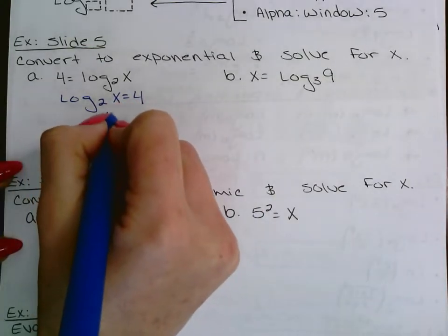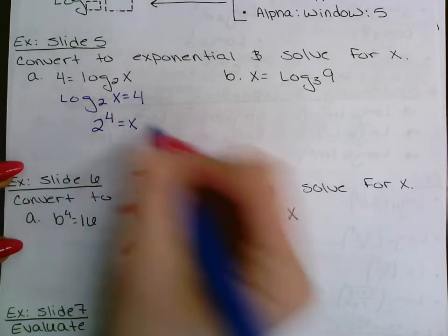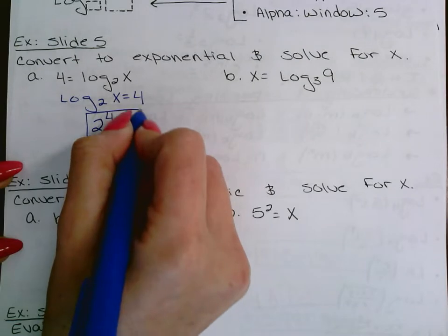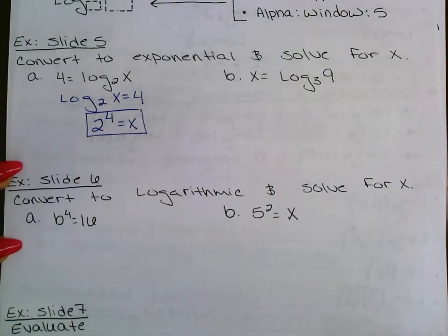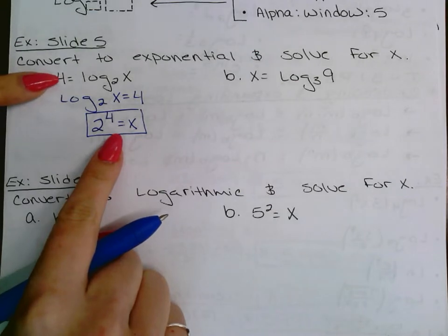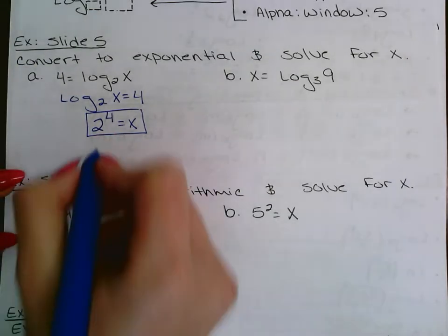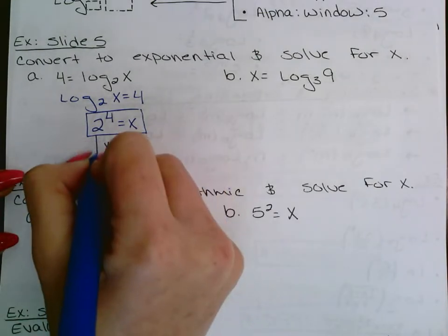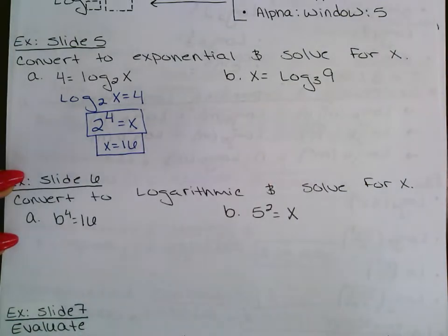So I put the 4 and I put equals x. This right here is the answer of your conversion. Do you feel like it is easier to solve for x in exponential form or in log form for this question? Exponential. What is 2 to the 4th power? Good. So I could say x equals 16, and I have 2 answers for this question.